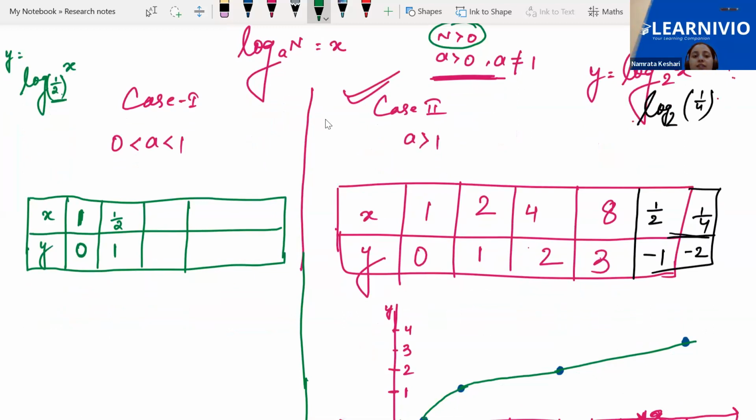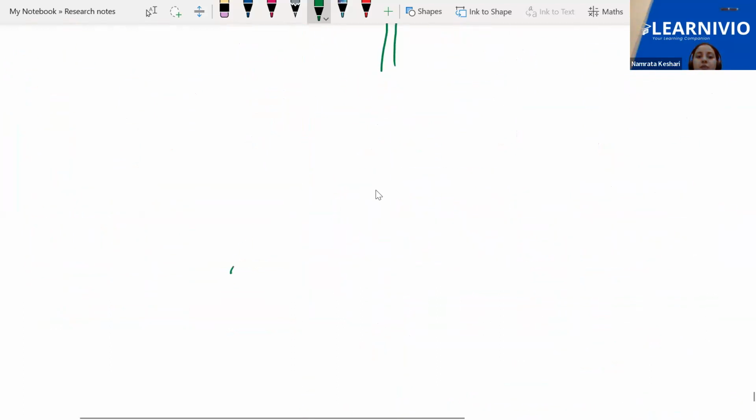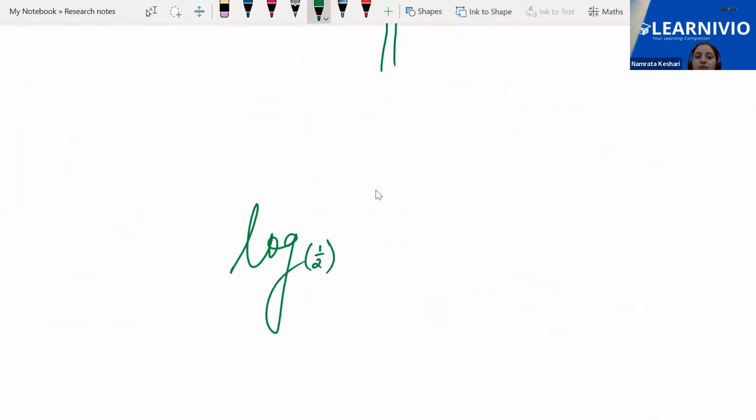If we take x as 2, then is it possible to calculate log base 1 by 2 of 2? We have taken 2, and we are trying to figure out how exactly the graph will move over here. Do you know the change of base rule?